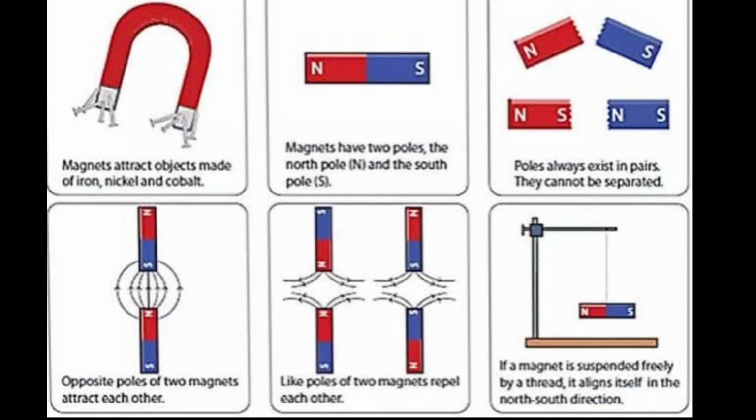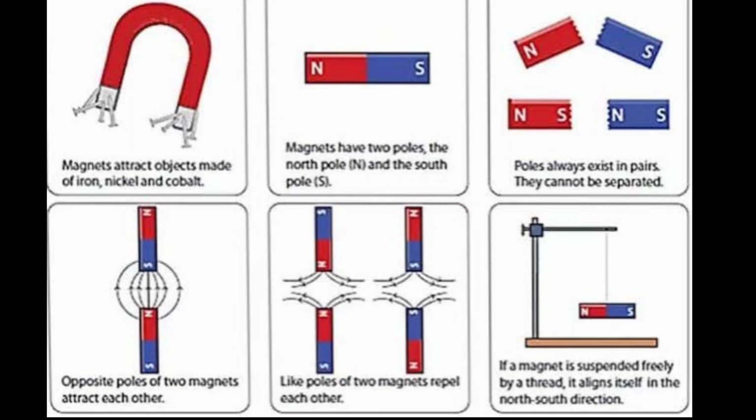Magnets also show the property of pairs. As magnets have two poles, north pole and south pole, poles always exist in pairs. If a magnet is cut into two pieces, it results in two complete magnets, each having both a north as well as a south pole. They cannot be separated.